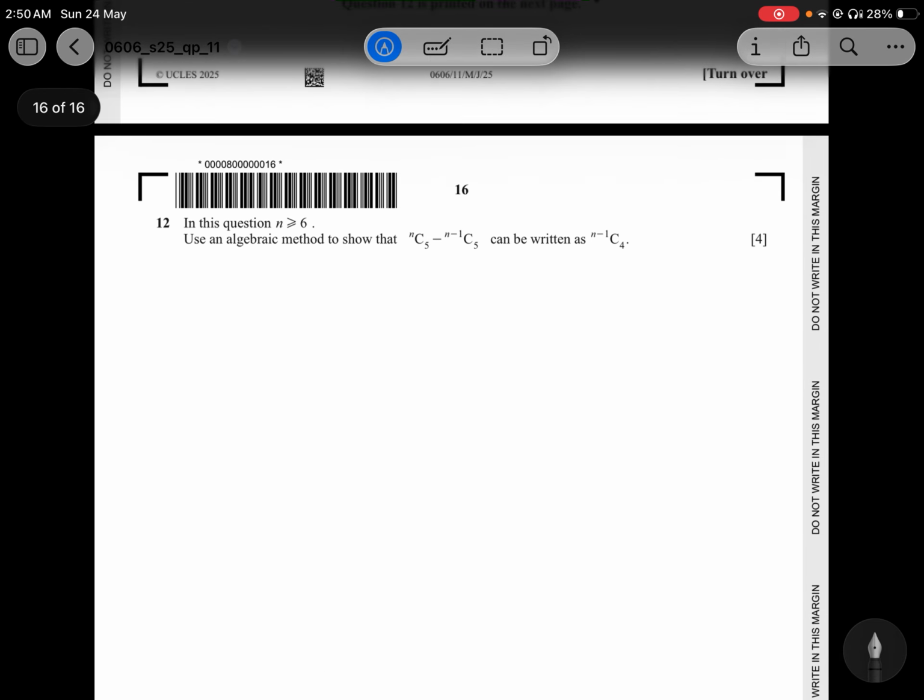Now the last question. In the question, n should be greater than or equal 6. NC5, n minus 1, C5 can be written as n minus 1. Okay. Use an algebra method to show that. NC5, n minus 1, C5.